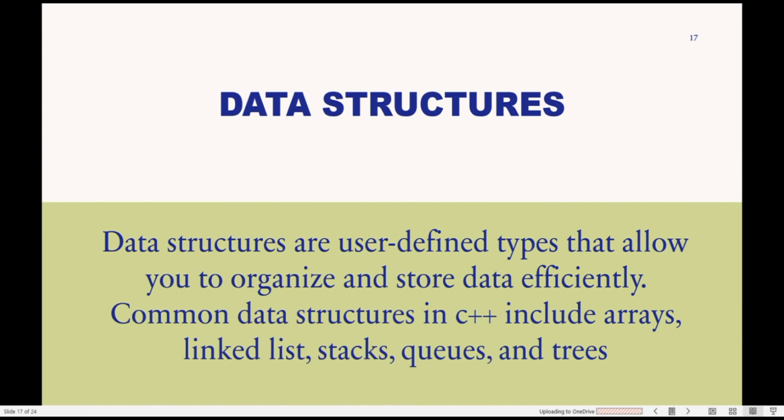Data structures are user-defined types that allow you to organize and store data efficiently. Common data structures in C++ include arrays, linked lists, stacks, queues, and trees. These structures are used to solve complex problems and manage large data sets.